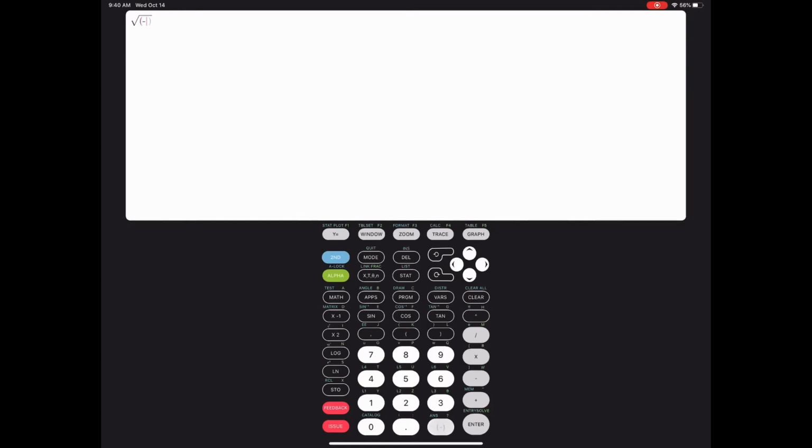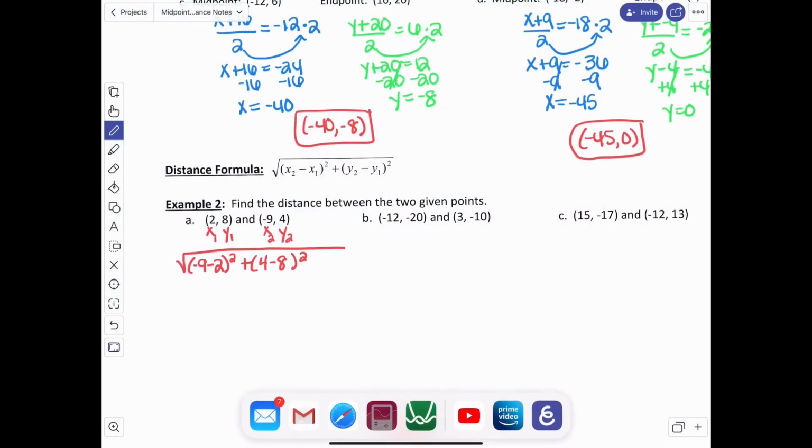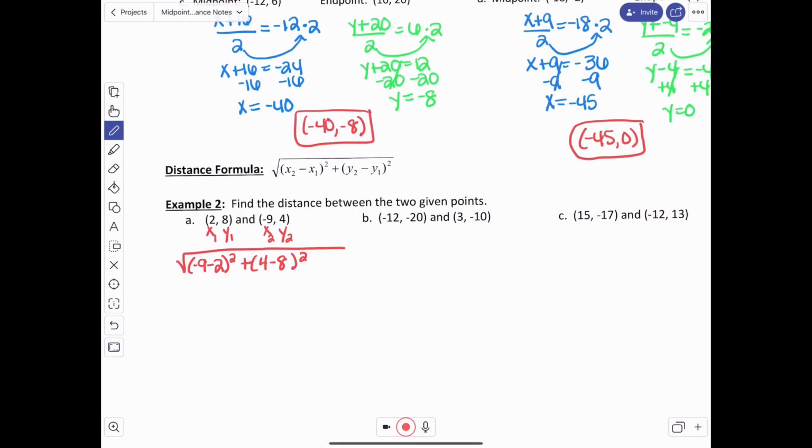So -9 minus 2, close your parentheses, squared, plus 4 minus 8 squared. Put that in parentheses. And we'll go 1 decimal place, 11.7. Okay? 11.7. And that's it.